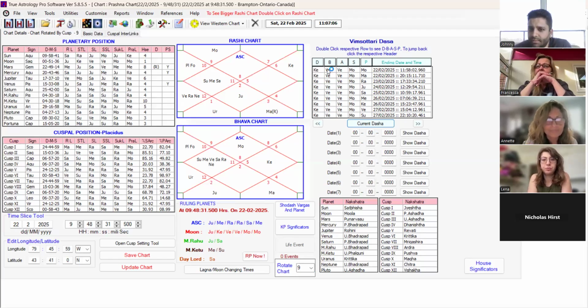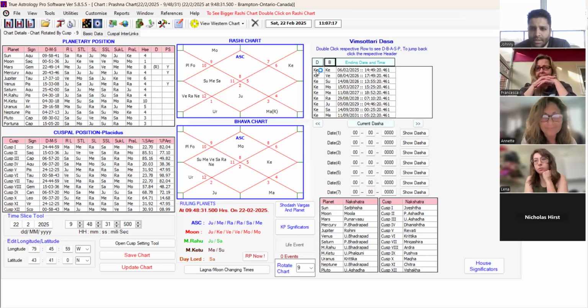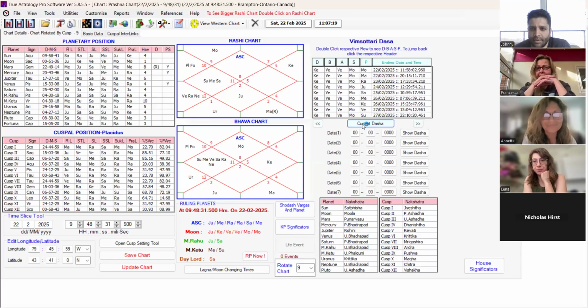For example, if this was a person's chart, this is the time period they would be running right now. Their major time period would be Ketu, and they're currently running Ketu in Venus up until February 22nd, 2025.